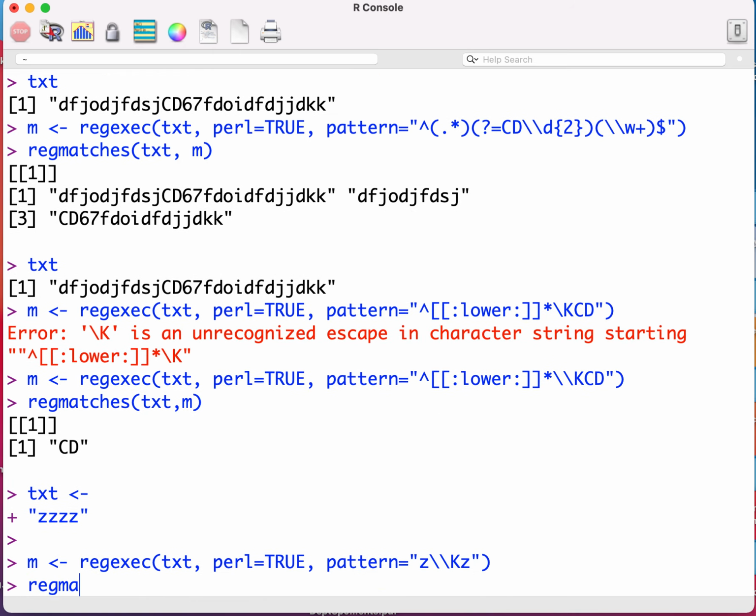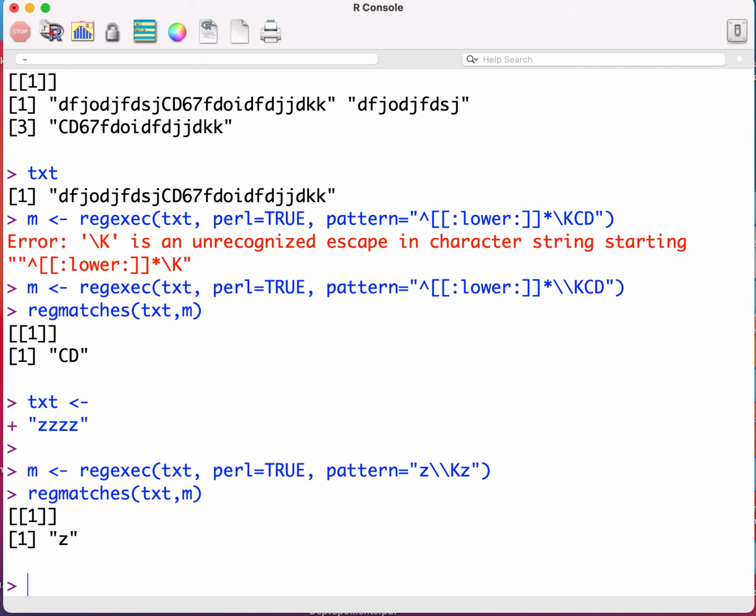Okay. So you really want to think about this afterwards, because this differentiates the two. Oh, I want to get all the matches. Sorry, regexec only gets the first match. I want this one instead.